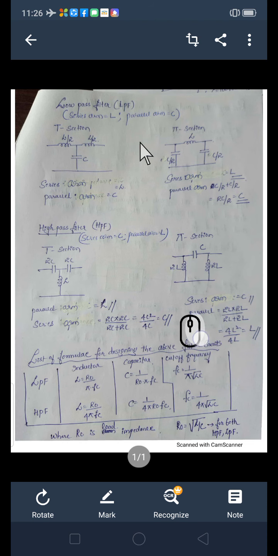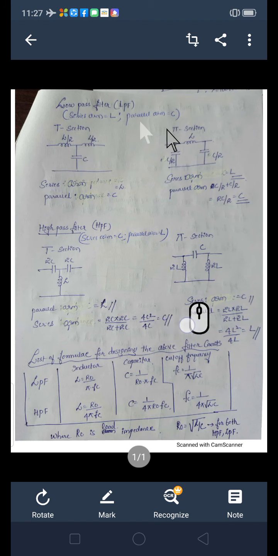So you should understand these things in a better way in order to draw the prototype low pass filter, T and pi section, and the prototype high pass filter, T and pi section, because 100% the problems will be asked to design these filters. They will give the L value and the C value, and ask you to design the low pass filter T section and pi section.